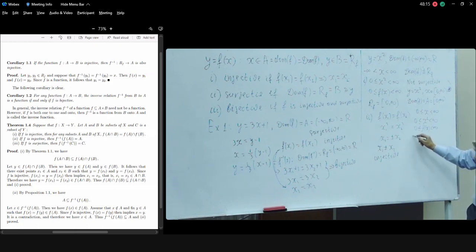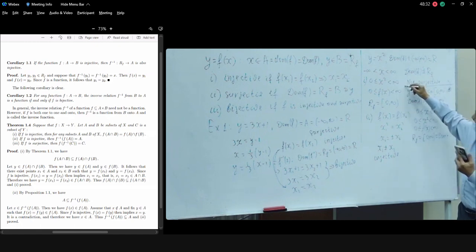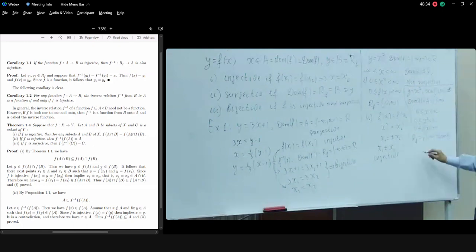So it means the range of f is also from 0 to infinity, which is equal to the domain of f. Now, please pay attention, this function is surjective. Surjective. Now, second part.